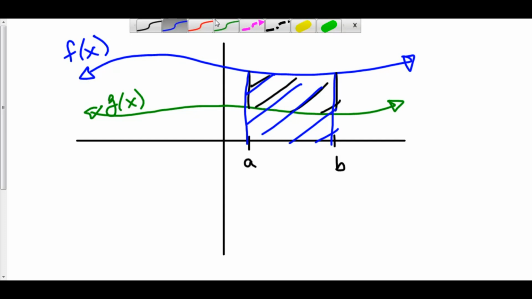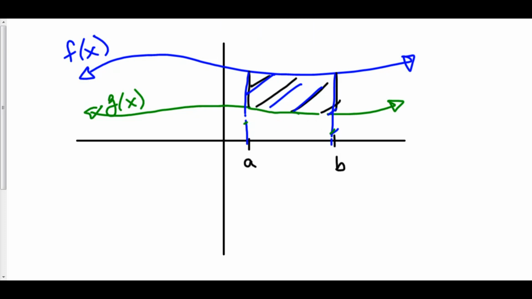We want to subtract out this area underneath g of x. Luckily, all we have to do is take the integral of f of x to get the entire area beneath f of x, and then subtract out the integral of g of x. And what that will do is remove this area from g of x down to the x-axis.